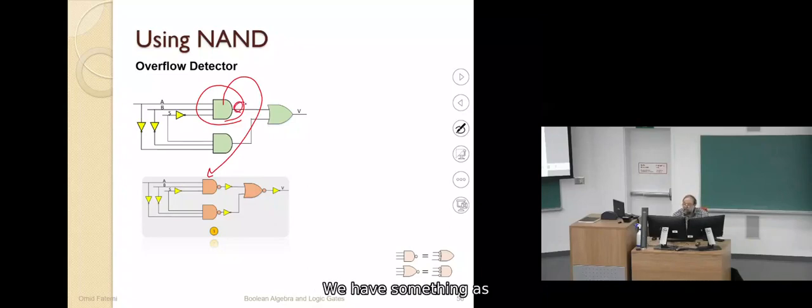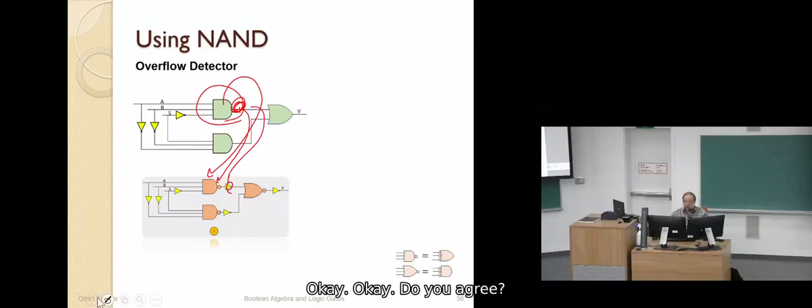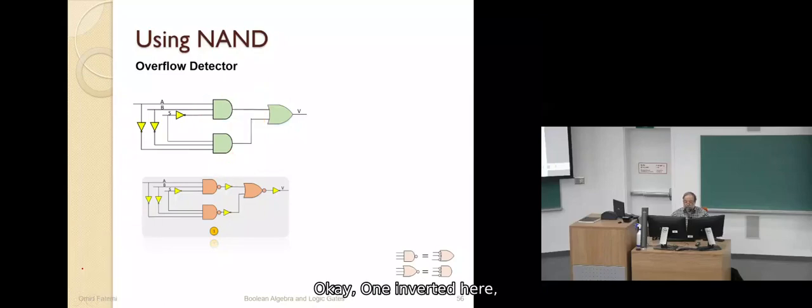Here we have something as output. Here we have the NOT of that. They are not the same. What should I do? I should put a NOT here so they will be the same. I inverted here, so I put another inverter here. Okay? Do you agree? One invert here, one invert here, and one invert here. So that would be the same.